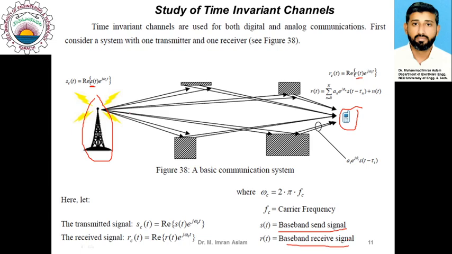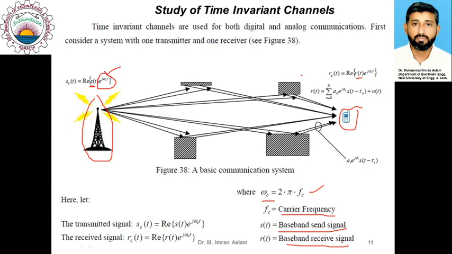Because we need to modulate the signal before transmitting, we have multiplied this s(t) with e raised to power j omega ct. This multiplication with e raised to power j omega ct represents modulation at a carrier frequency of omega c, or fc, which is related with omega c equal to 2 pi fc.